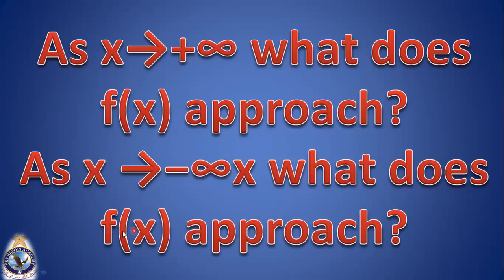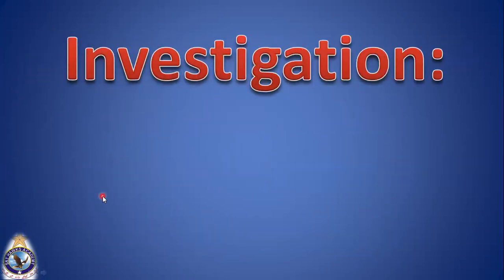Either f(x) is getting lesser and lesser, or it's becoming greater and greater. Let's see. So, investigation. Now we will solve the example. So how can we investigate the end behavior or the trend of the graph on both sides of the axis?